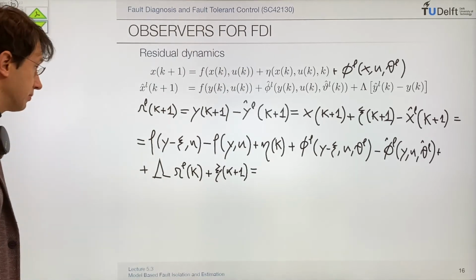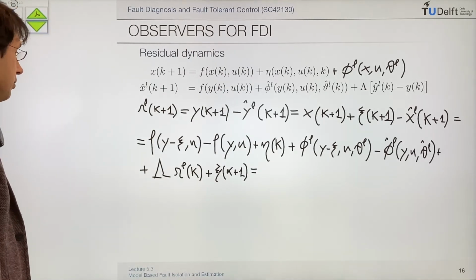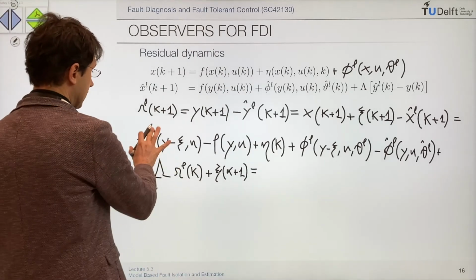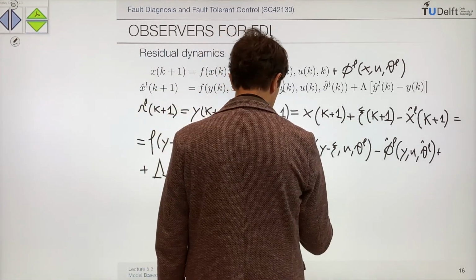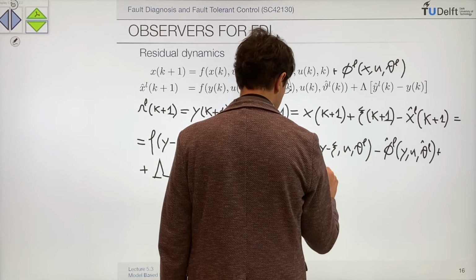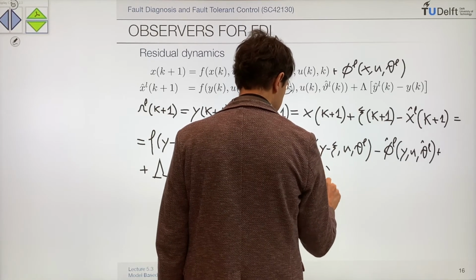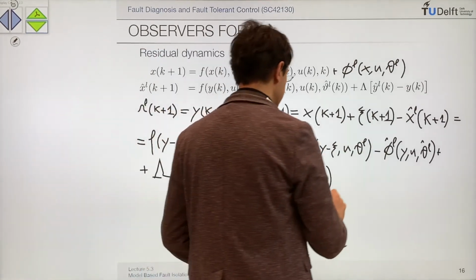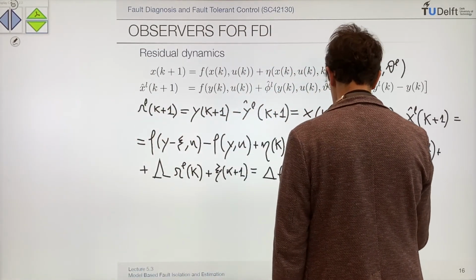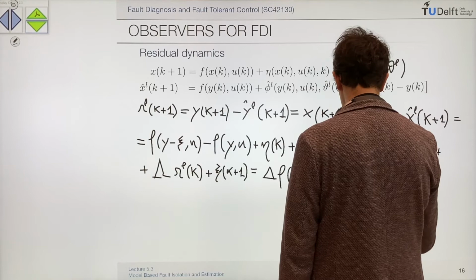Okay, so let us simplify this a little bit. We define a delta f for this, delta f of y, u, and psi. So delta f is this difference here, plus eta.